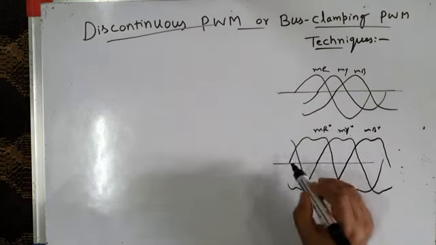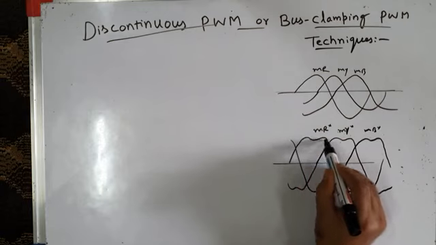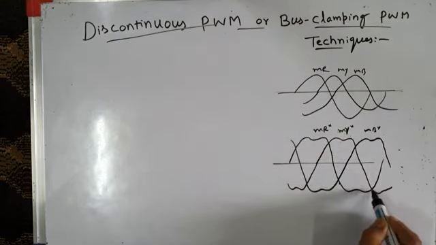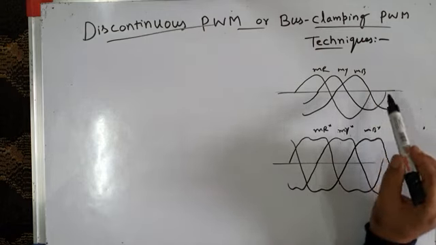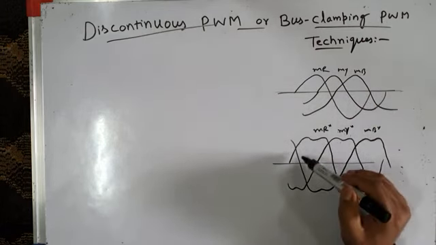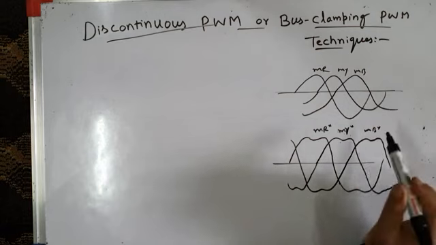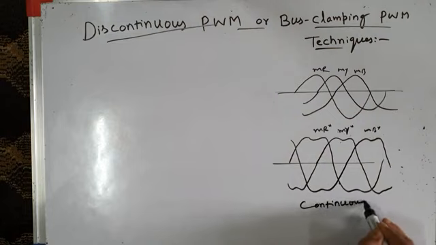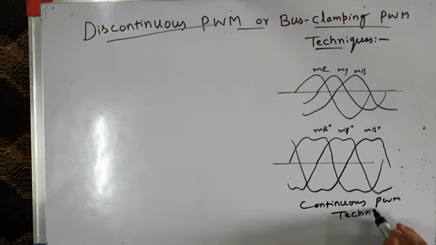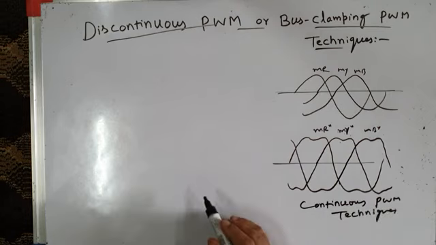These modulating waves are also continuous functions of time. So sine triangle modulation or third harmonic injection PWM technique are also called continuous PWM techniques. Whereas the bus clamping techniques are not continuous PWM techniques.